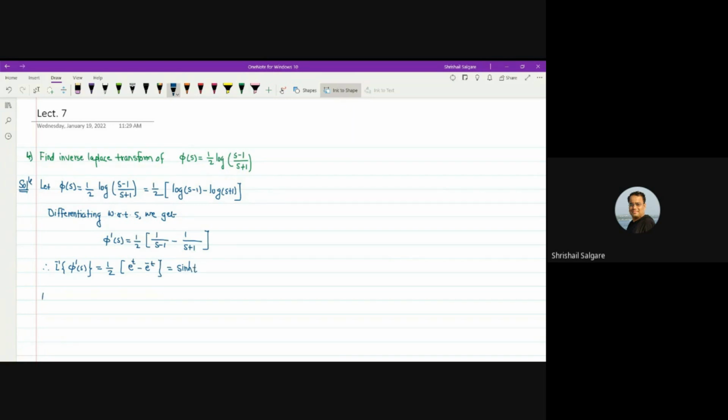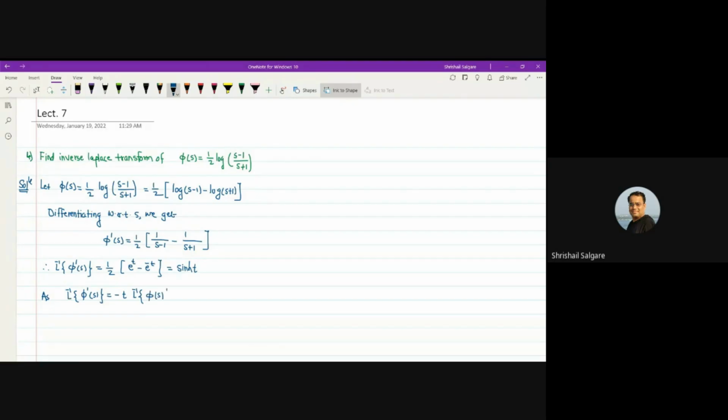But we know that the result tells us that L inverse of phi dash s is nothing but minus t into L inverse of phi of s.